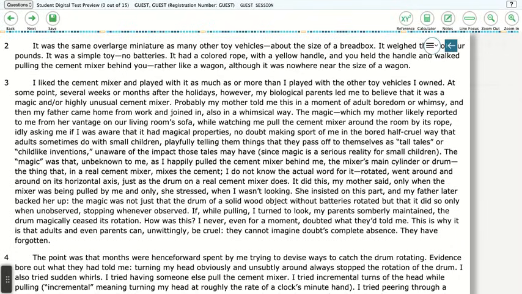I liked the cement mixer and played with it as much as or more than I played with the other toy vehicles I owned. At some point, several weeks or months after the holidays, however, my biological parents led me to believe that it was a magic and or highly unusual cement mixer. Probably my mother told me this in a moment of adult boredom or whimsy. And then my father came home from work and joined in, also in a whimsical way.